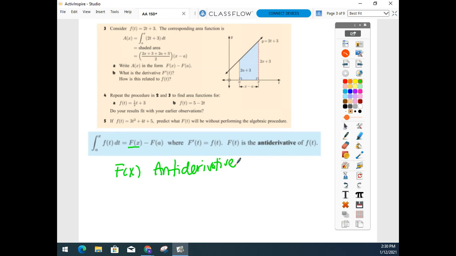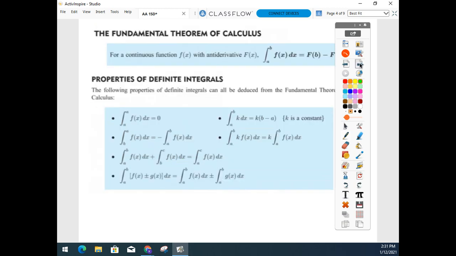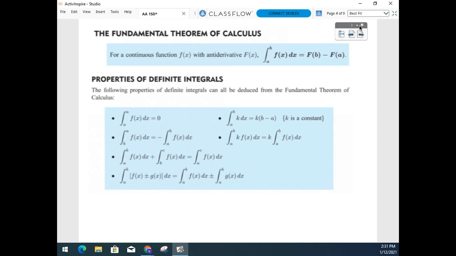Whatever's on the top, we take the top, plug this in, minus the bottom, to find the value. And that's really what the investigation is meant to do, is to show you that. But that's truly the fundamental theorem of calculus, if we're integrating from A to B.